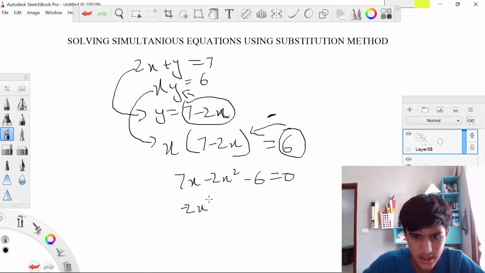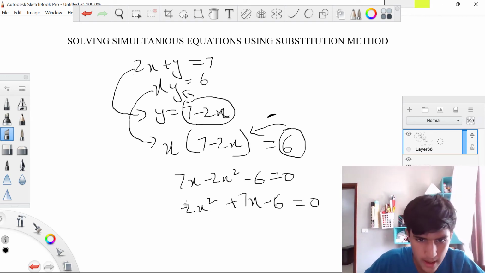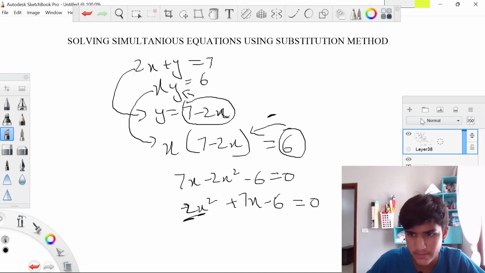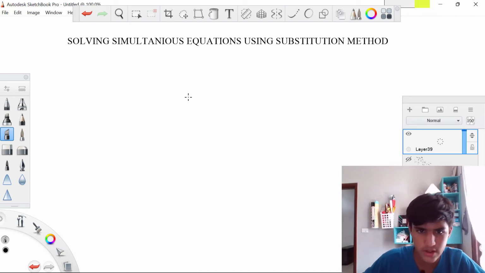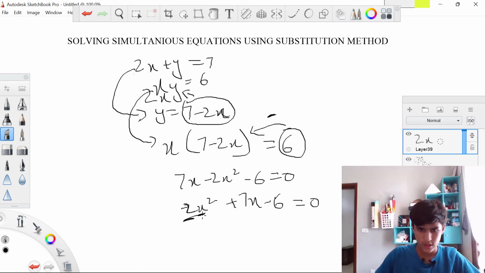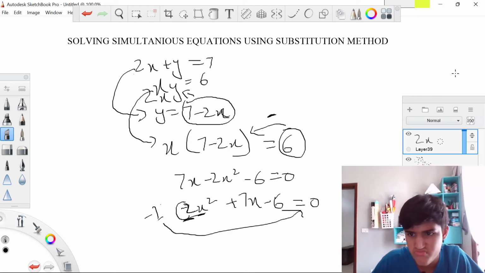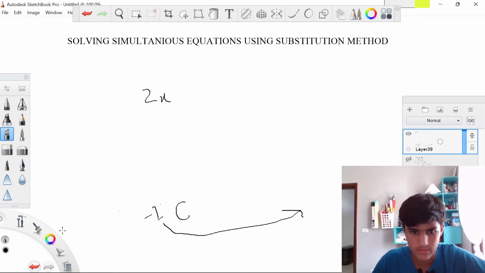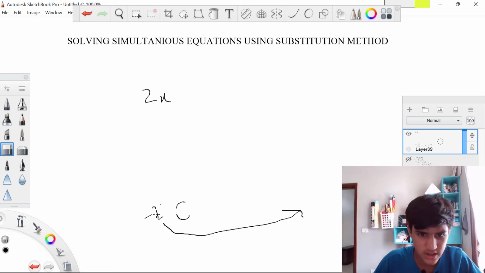So if we rearrange these, we get minus 2x squared plus 7x minus 6 is equal to 0. Now we do not want any sign in front of the x squared, so we're going to take minus 1 common and take it to the other side, where it multiplies the 0.